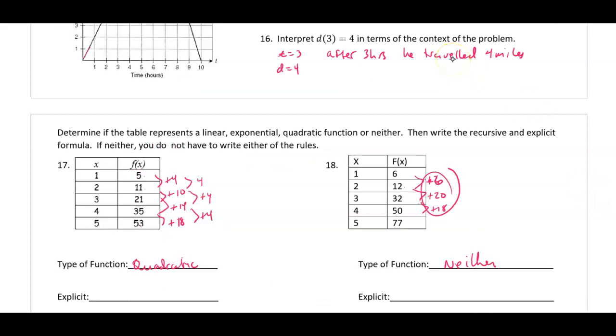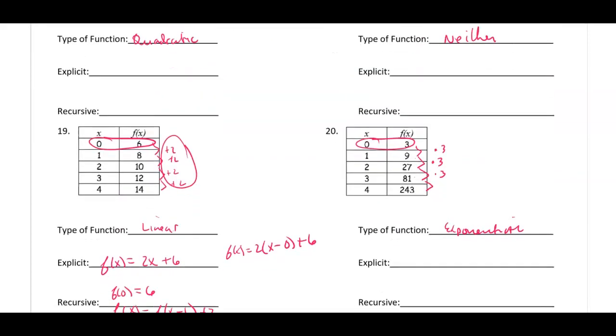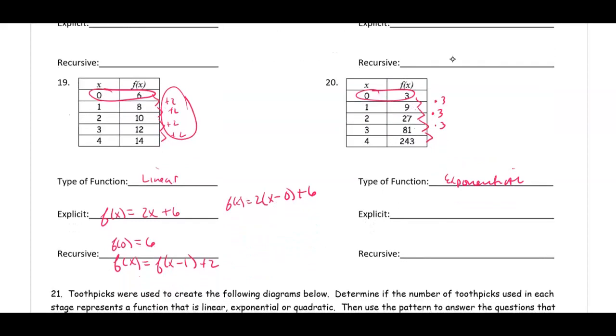And if that happens, my explicit rule would be f of x equals my starting amount times my common ratio to the x power. Recursive, f of 0 equals 3. Then f of x equals f of x minus 1 times 3. Okay.